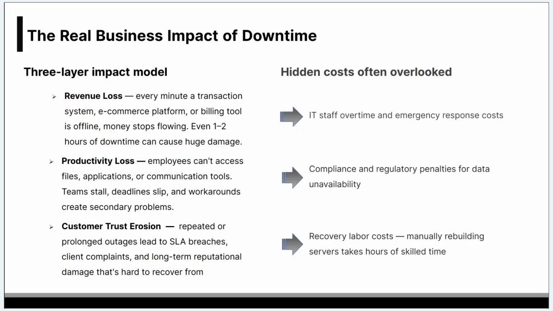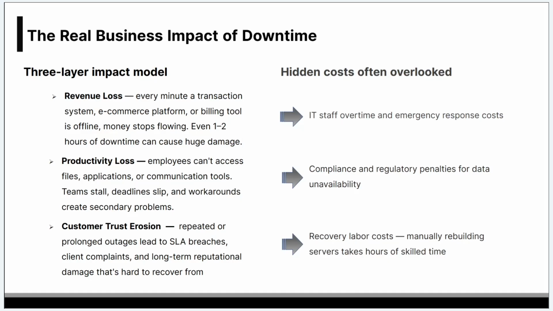The productivity loss could even affect education institutions, whereas revenue loss could even affect hospitals and pharmaceutical institutions. So these two go hand in hand, as I said. This will erode the customer trust they have kept in you, because longer hours of downtime of their production will lead to a higher cost.